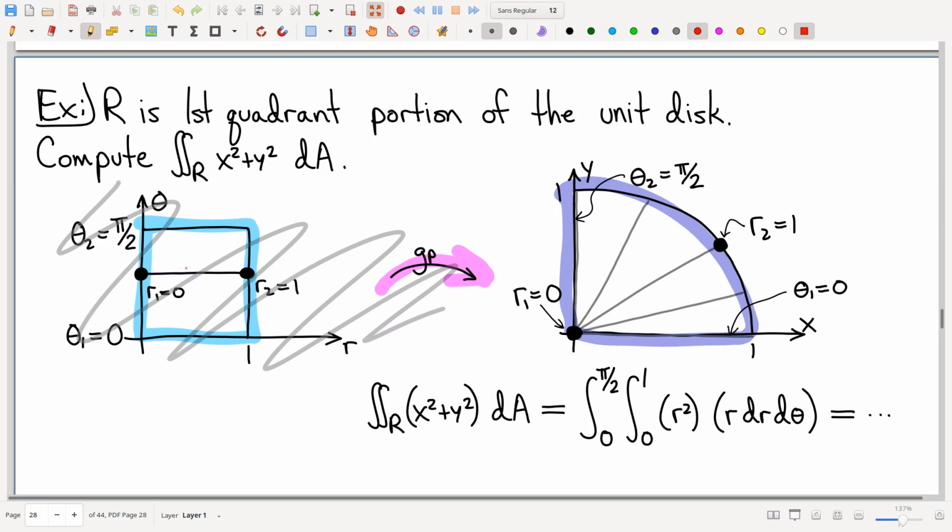My slices, a slice over here in the theta direction, those are just slices like this. That's a theta slice, as seen in XY world. So I'm doing a pullback, but I don't need to draw that.